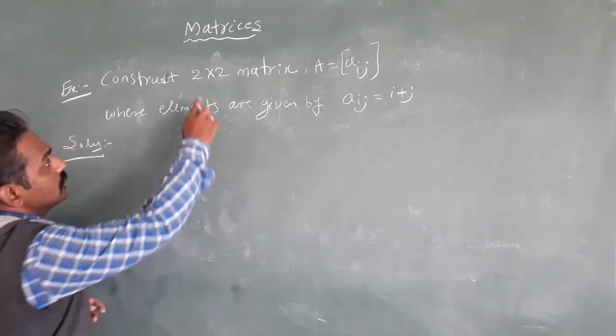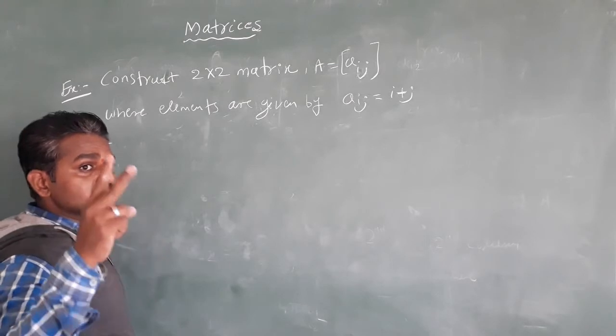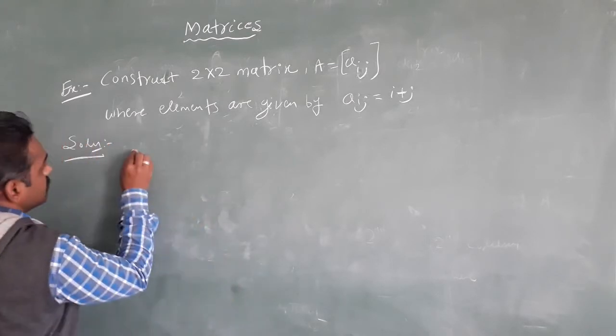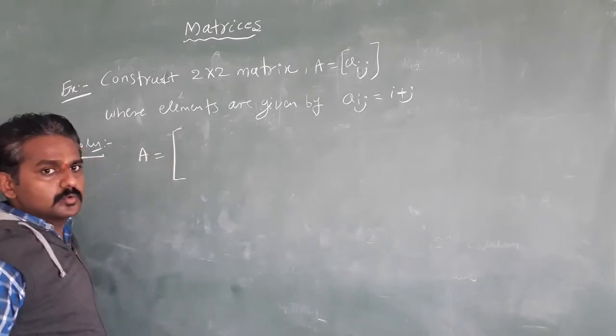Listen, 2 cross 2 means the matrix has 2 rows and 2 columns.